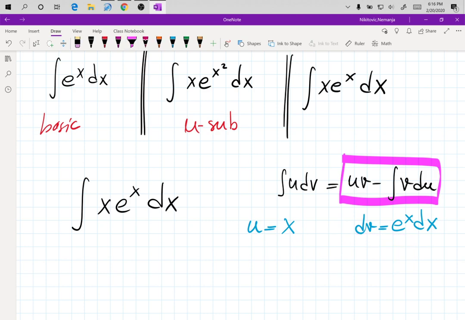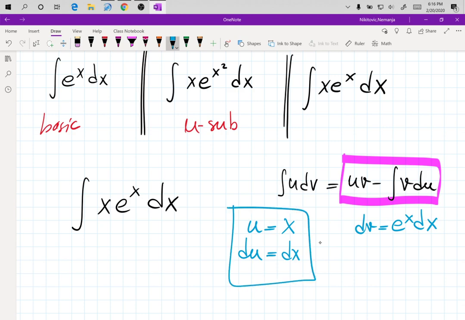And I need a du piece. Well, you know how to get du from differentiating for u sub, right? So that means that I need a du over here. And what's the du? Yes, 1 dx. So just dx.